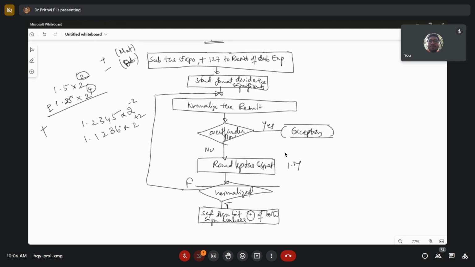That means you have to do 4 right shifts or 4 left shifts to make both positive or both negative. Am I correct?